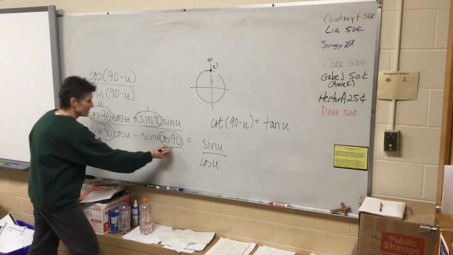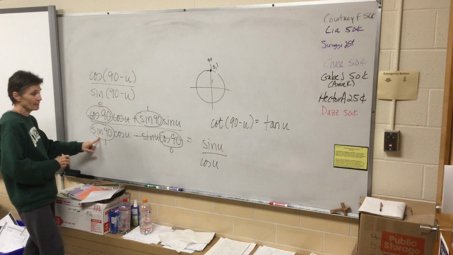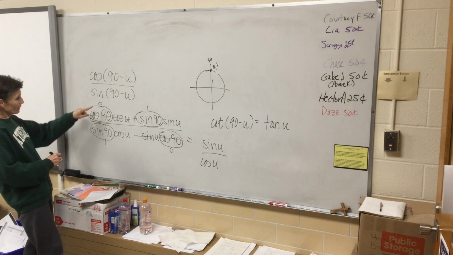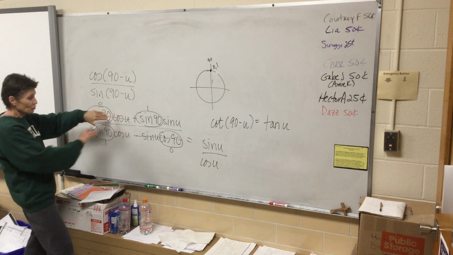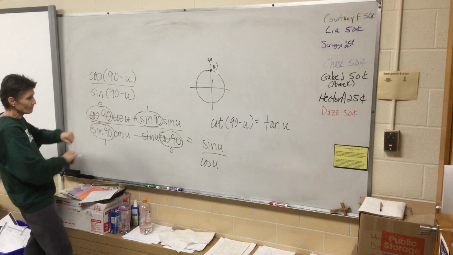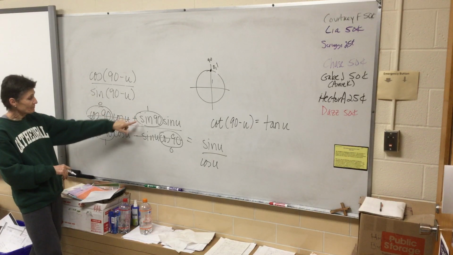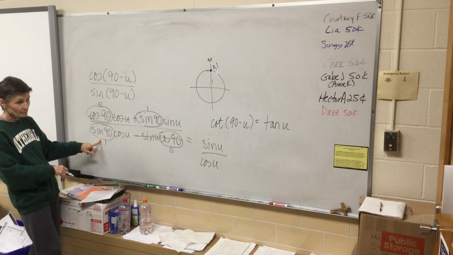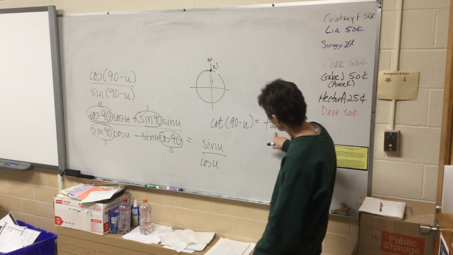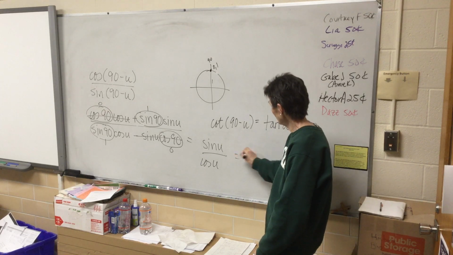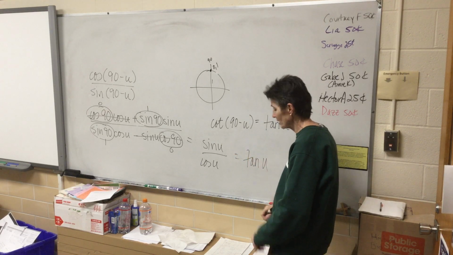And the cosine of 90 is still 0, so that's gone. So when I stuck in my zeros for the cosine of 90, it took out some of this problem. And all I have left is sine over cosine. And what's sine over cosine? There we go.